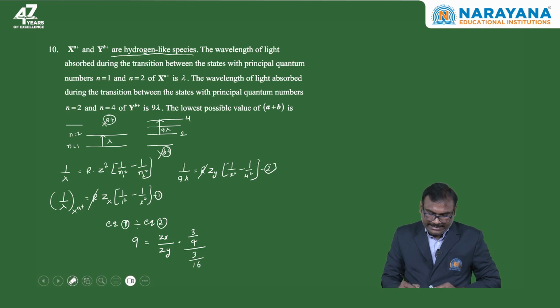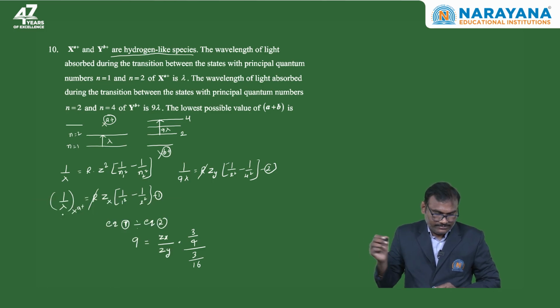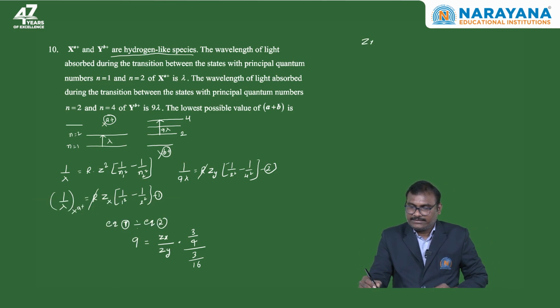Directly I can write that Zx by Zy is equal to 9 by 4, which is nothing but 3 by 2.